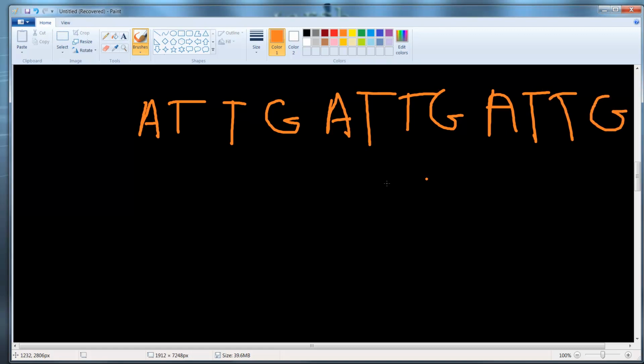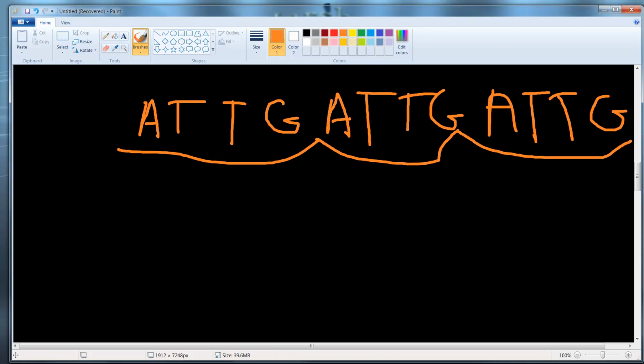And so these wind up being repeats, and this has 3 repeats of our basic unit of ATTG. And there are a lot of different potential numbers of these repeats that are possible.